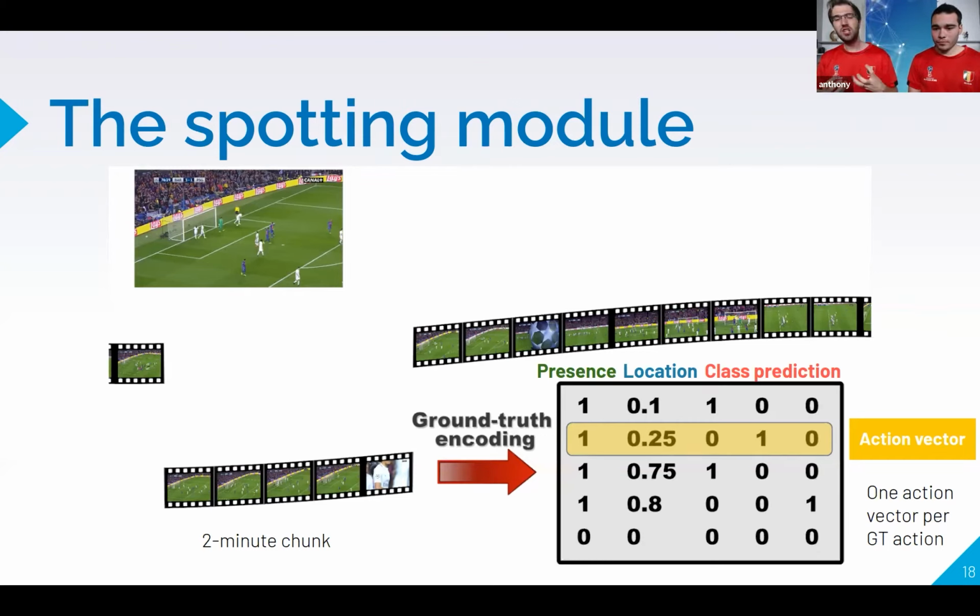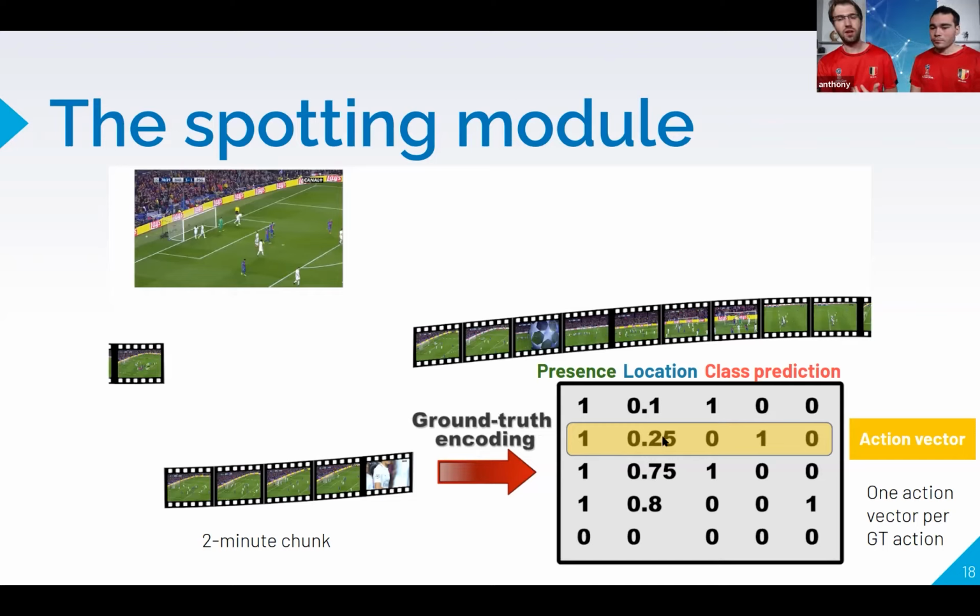Well, for each action which is present in the 2-minute chunk, we encode an action vector, as you can see here on the right. An action vector here is composed of 5 elements. The first one is a binary indicator, which indicates 1 if there is an action and 0 if there is no action. So for an action vector, of course, you will get 1.